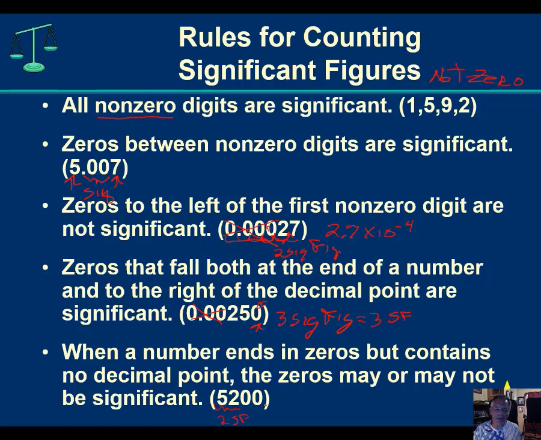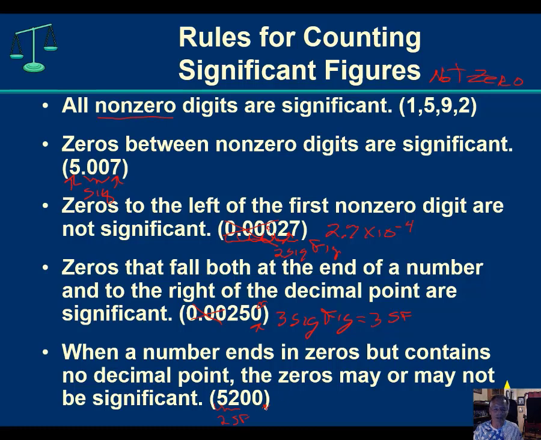Now, if I place a decimal here after those zeros, I can make them significant, but that is a pretty terrible practice, not a very good way to write a value like this.